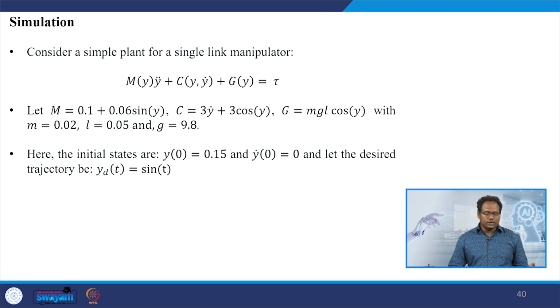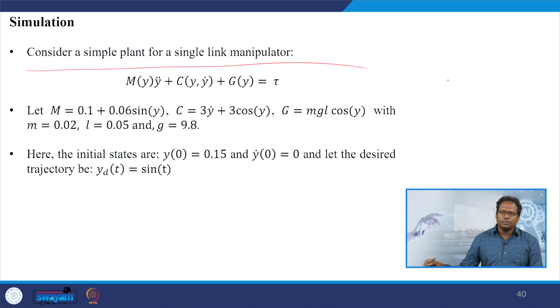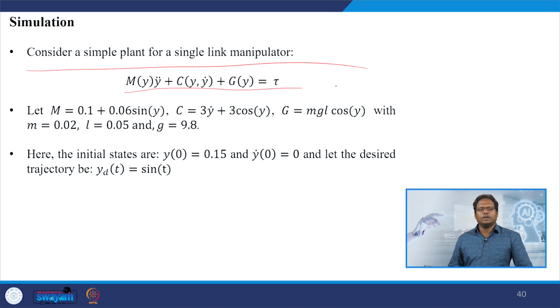Now, with this control design, we have performed a simulation of a simple single link manipulator whose dynamic model is given by tau equal to M of y, y double dot plus C of y comma y dot into y dot plus G of y.